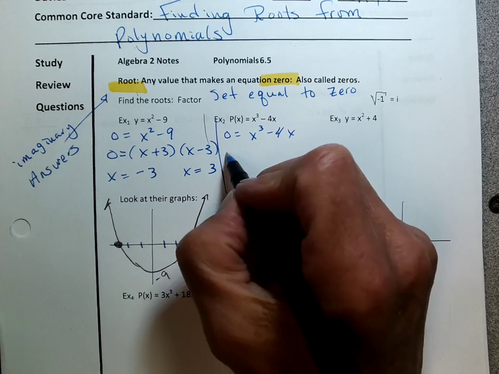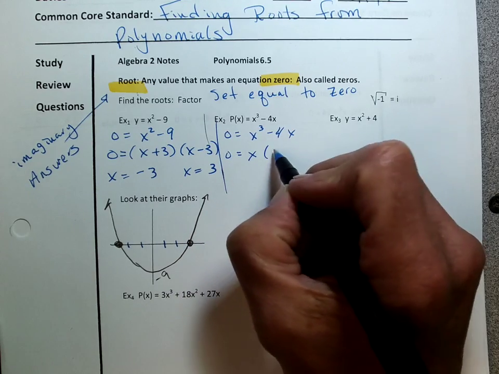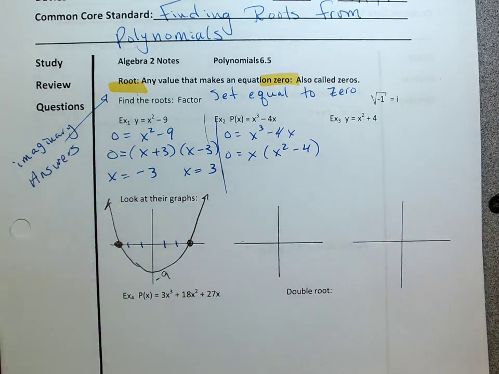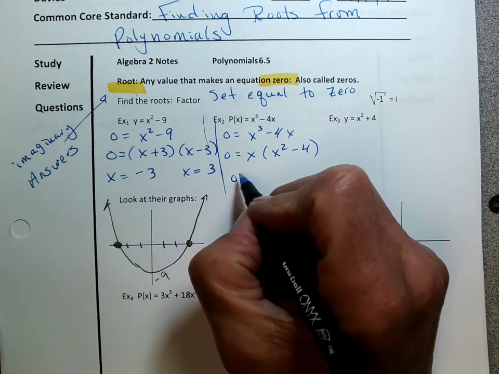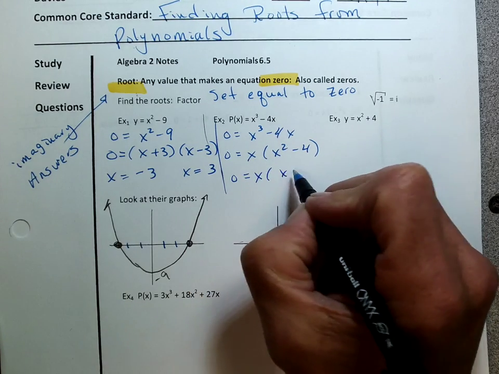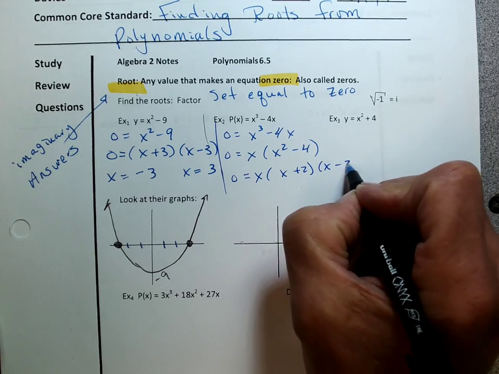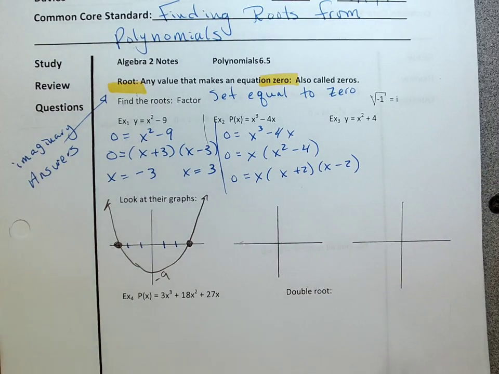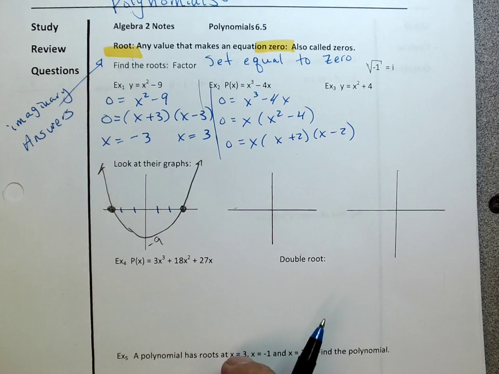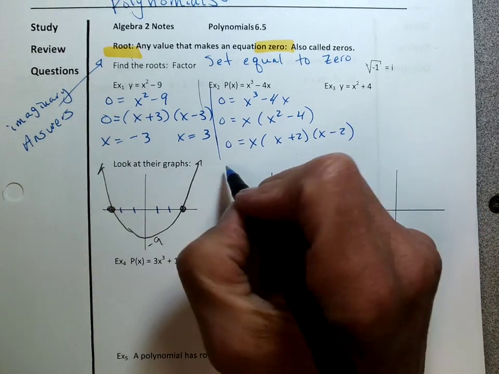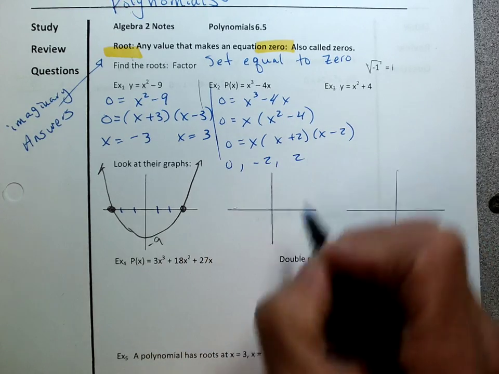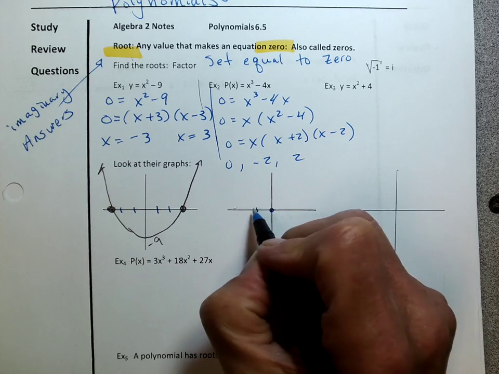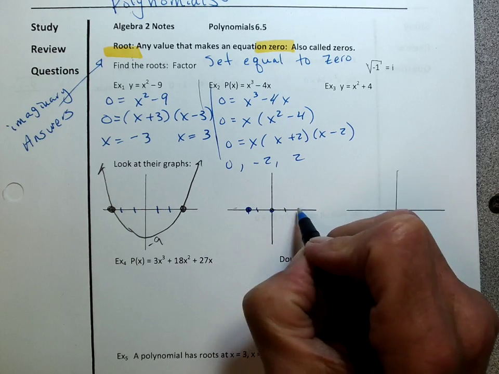If we factor out an x first, and then we'll factor again into an x plus 2, x minus 2, how am I doing? So far, so good? Okay. And then my answers are going to be 0, negative 2, and 2.